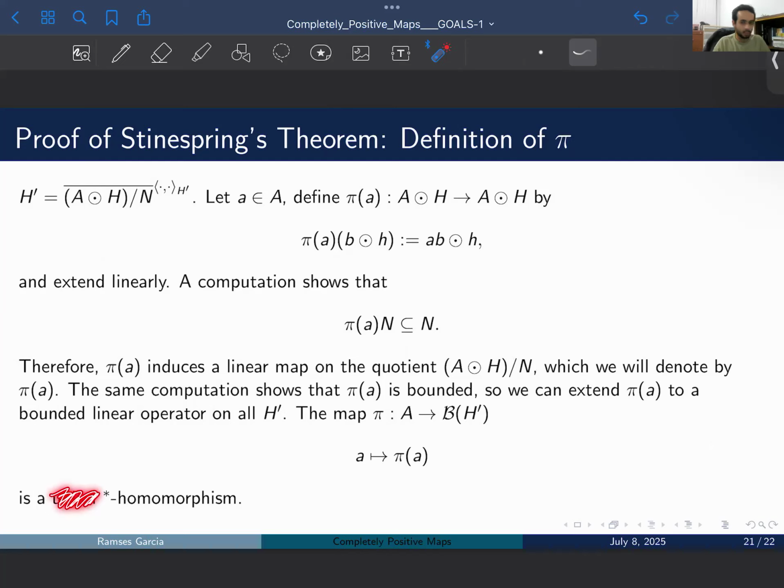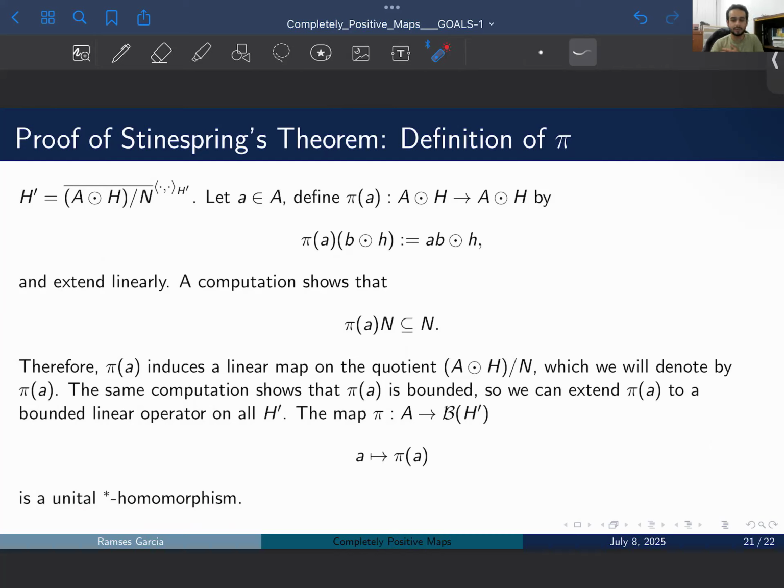Everything that we have done works for an arbitrary C-star algebra, and I just showed you the first part of the Stinespring theorem in the general setting. In the case that the C-star algebra is unital, P is clearly a unital star homomorphism.